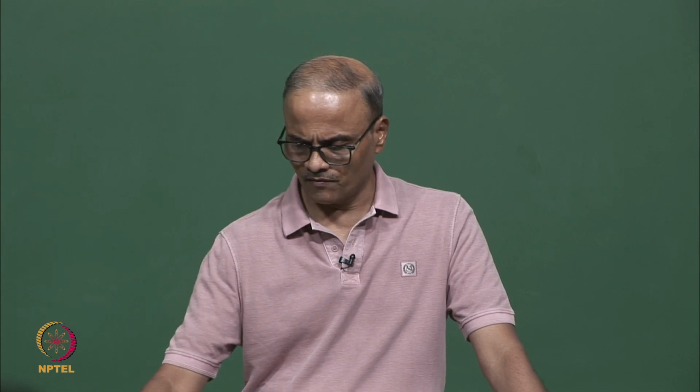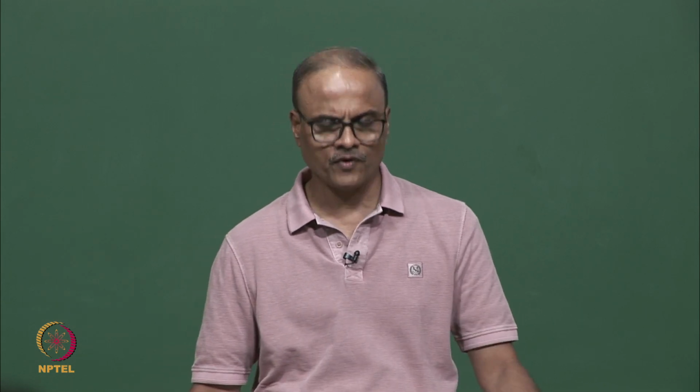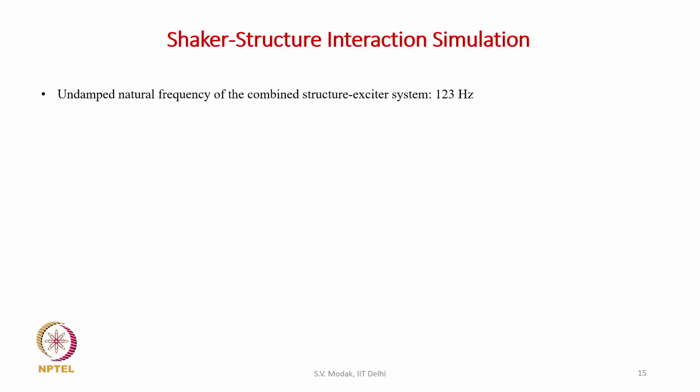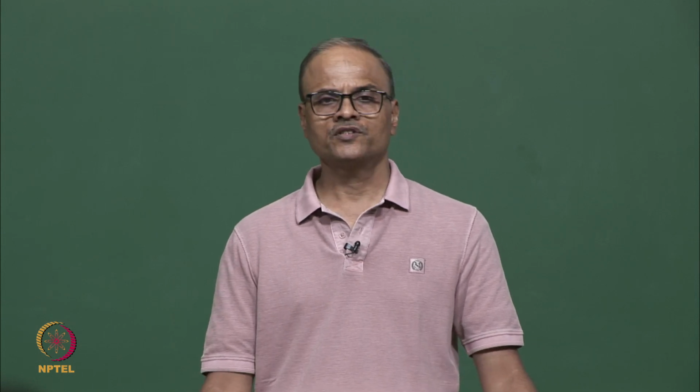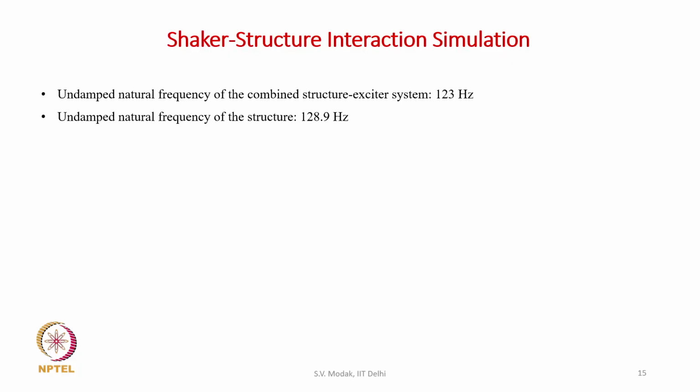We see that the undamped natural frequency of the coupled system is 123 Hertz, while the natural frequency of the structure alone is 128.9 Hertz. This is something we want to determine.